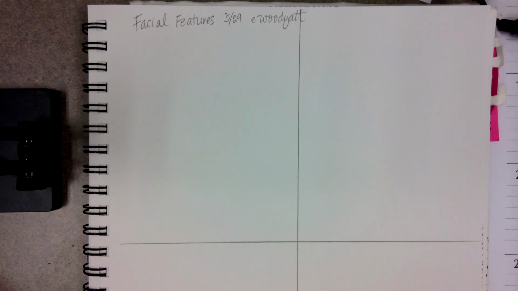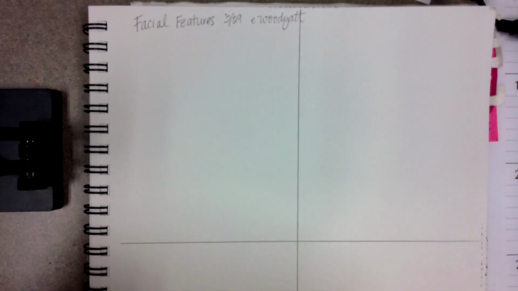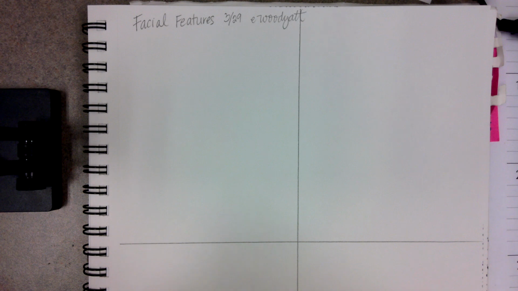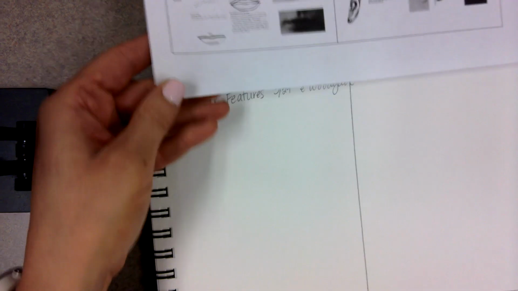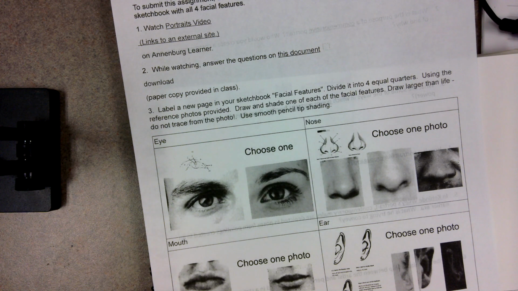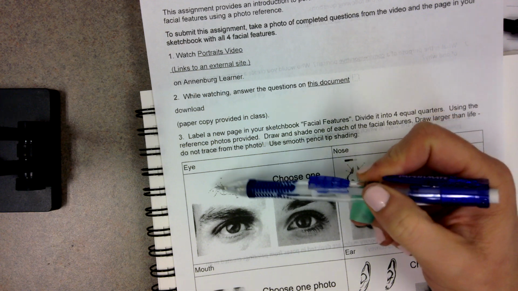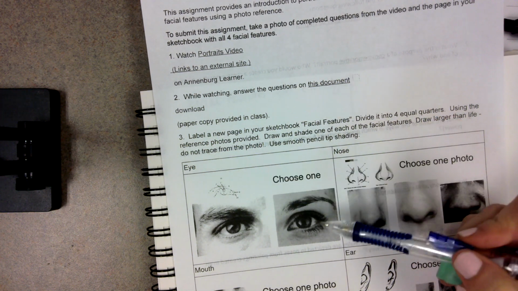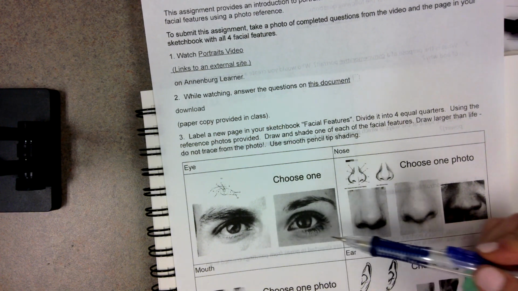So what's going to happen is you are going to look at a reference photo, and in each one of these quarters, you are going to draw one facial feature larger than life size, so it takes up about half. Do not trace. Don't put your paper up to the screen or on top of one of the printouts if you're in class. On each of these facial features, there's a little drawing of things to pay attention to, but you are actually looking at the shape and the features of one of these photos.